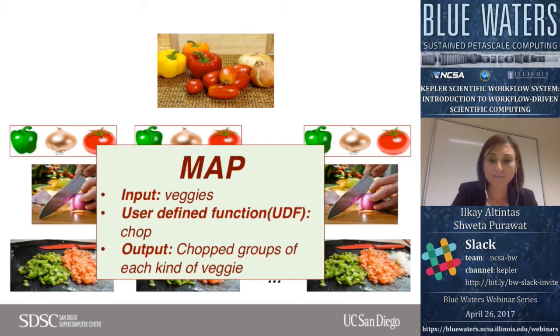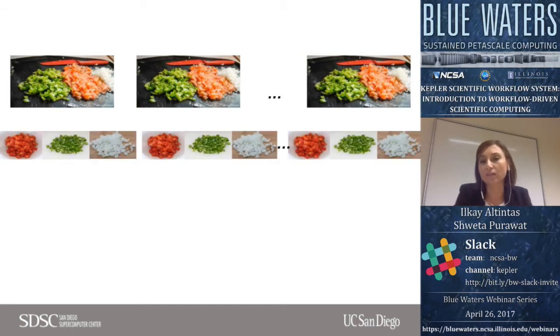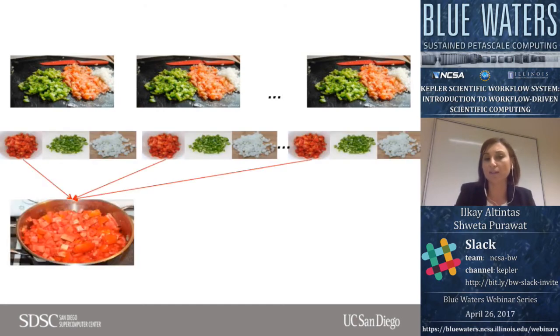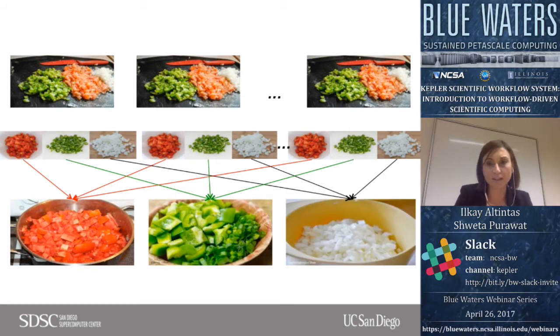So it's a divide and conquer or a map reduce style, in a way, computing or process. And then when you want to bring them together, it's like a reduce operation based on the vegetable type. You would put all these vegetables together and later on move into cooking steps.